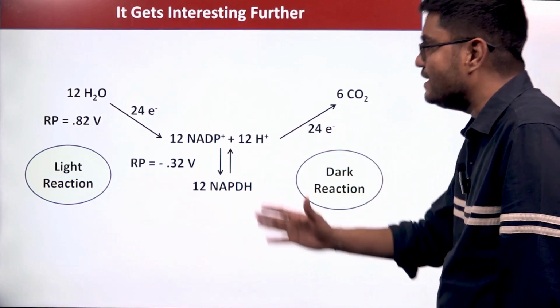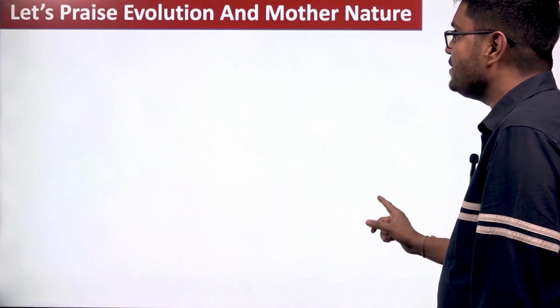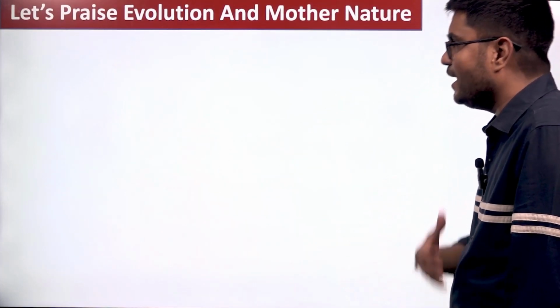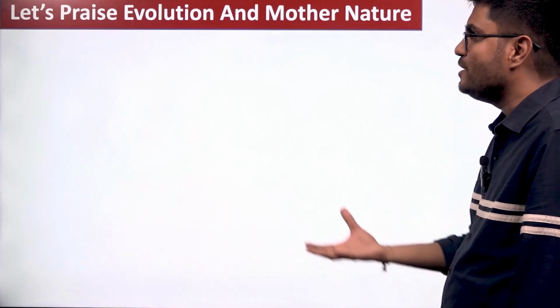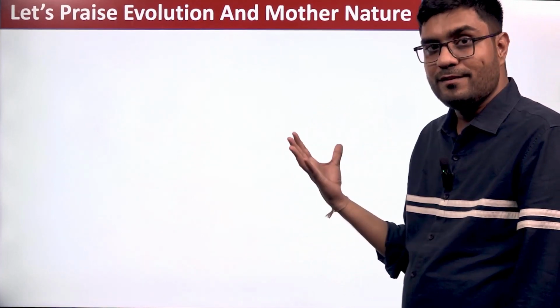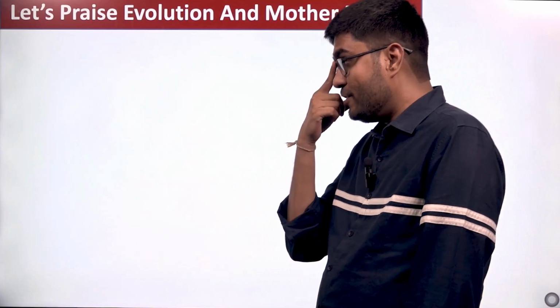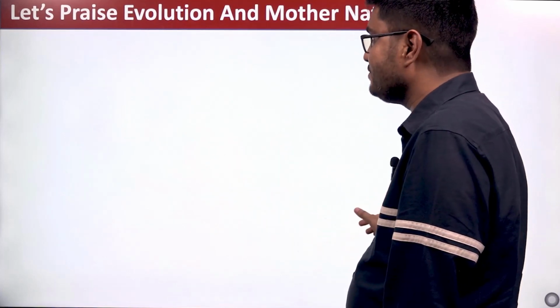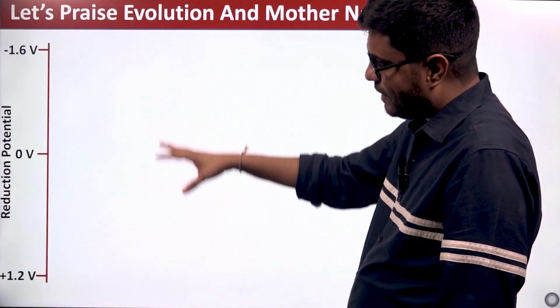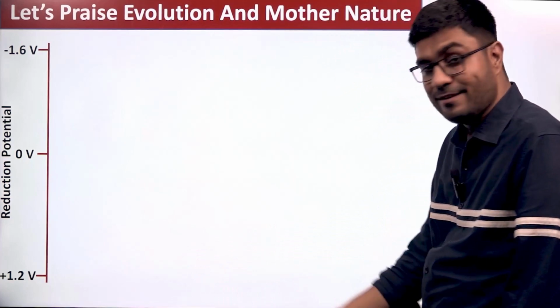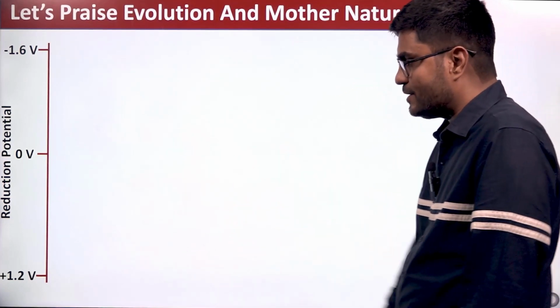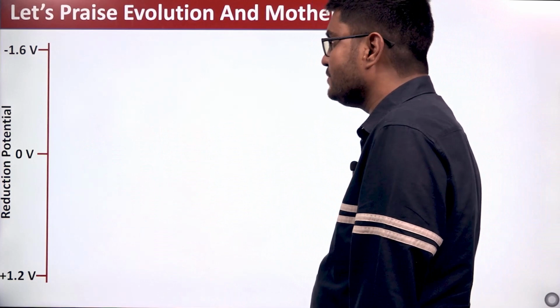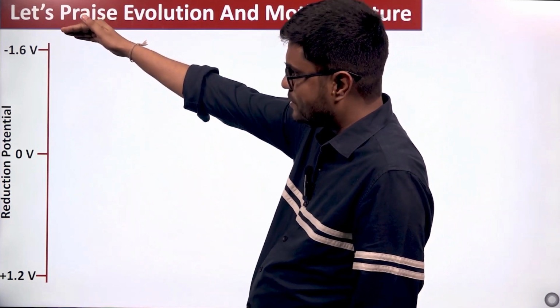And to understand the design, we are going to utilize a graph, and by using this graph, we are actually praising the evolution and Mother Nature. So what is that graph? On the x-axis of that graph, we are having reduction potential. The central value is 0 volt, then minus 1.6 and then plus 1.2.